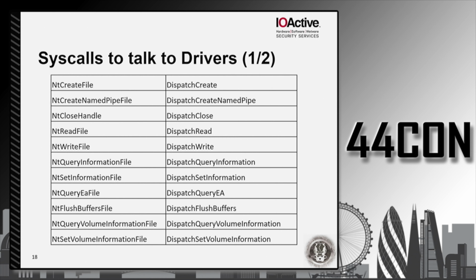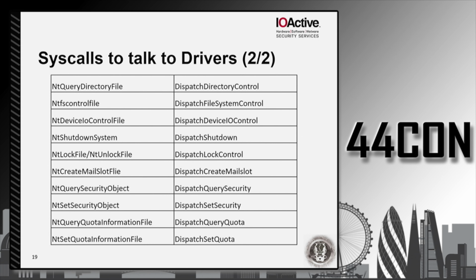These are different syscalls that we can invoke, and on the left and on the right, we have the dispatch routines that we will exercise if they are being set by the driver. There are a bunch of them. For some of them we have parameters that we control. We need to see what the driver actually does.